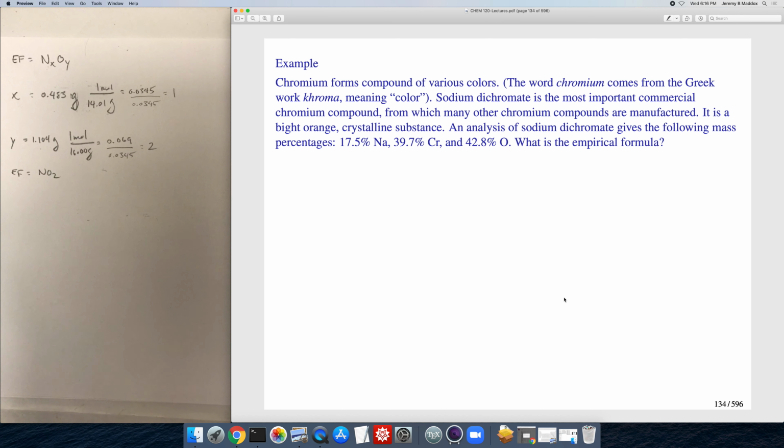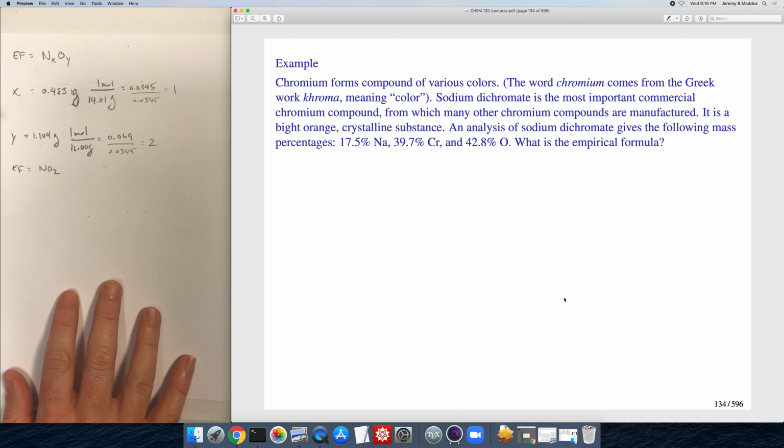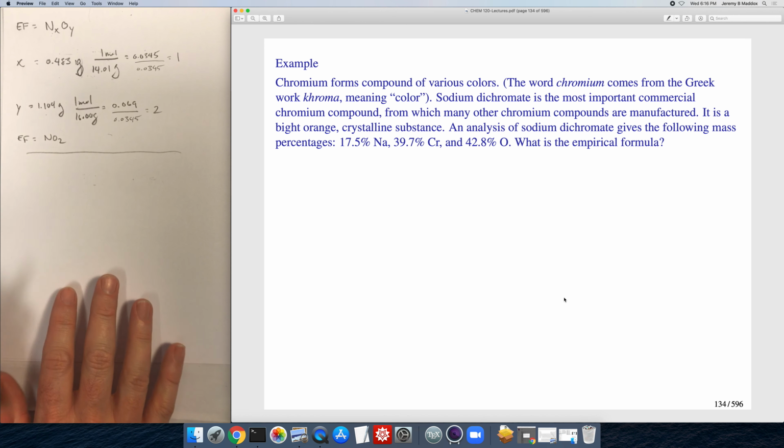Here we've got sodium dichromate, and we're given the percent composition of sodium dichromate.